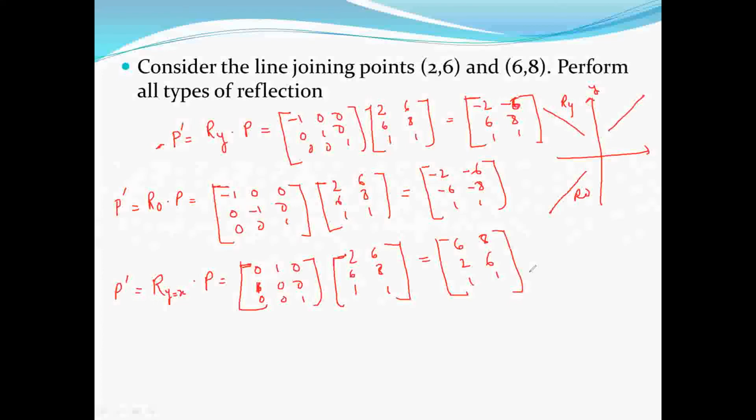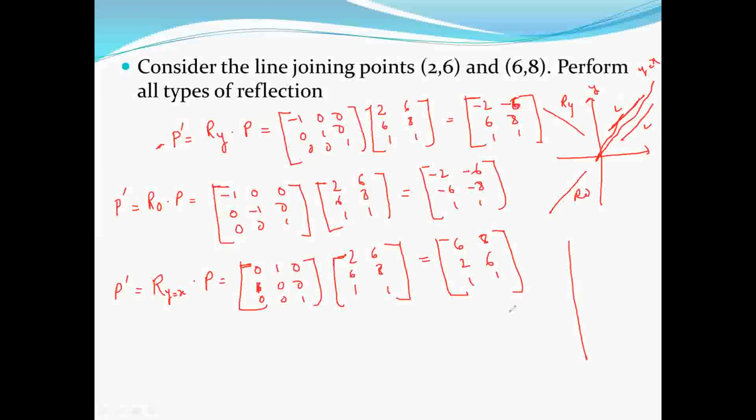Okay. So what actually happened? If this is the line segment, and this line is y equals x, so if you reflect it, it will be reflected over here. So this is our line segment L, and this is the line. Just a minute, let me draw it more clearly.